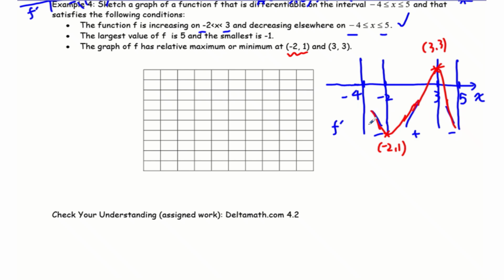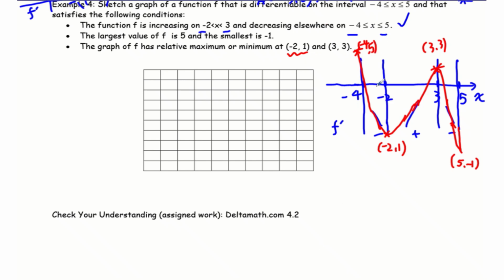Then it asks you the maximum is 5, the largest value, so it won't be here. It must be somewhere here, at 5, at the -4 end point. And the minimum is -1, so it should go a little bit here. So this is all the information we get from these 3 sentences.